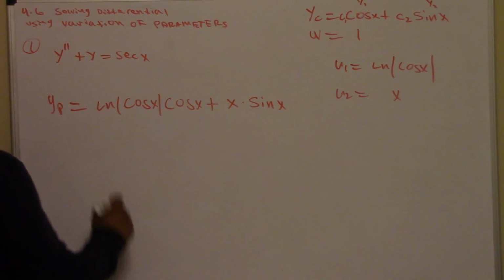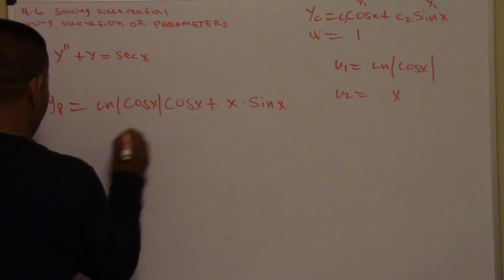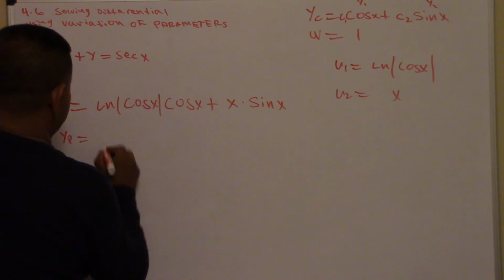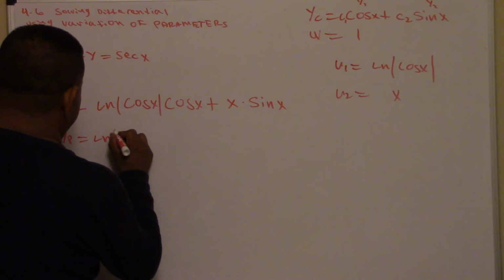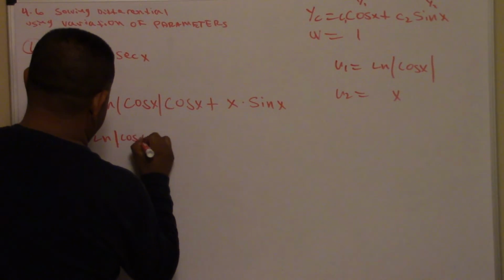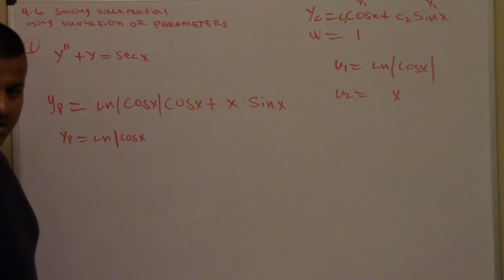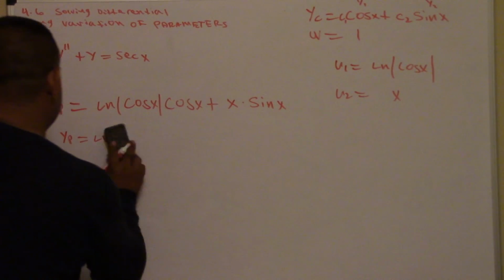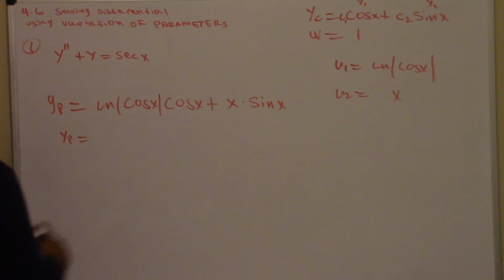So when I clear this up, I get just yp is equal to, actually, you know what? This should be written in front, okay?